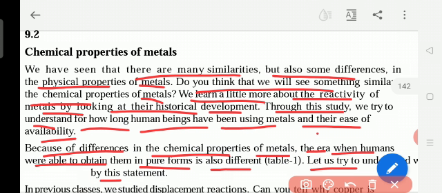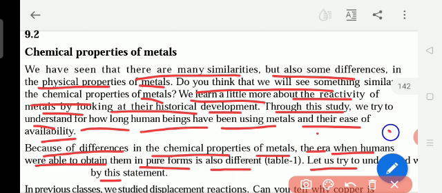According to history, according to the years, how did they find out these metals? The reactivity of the metals depends upon their history.